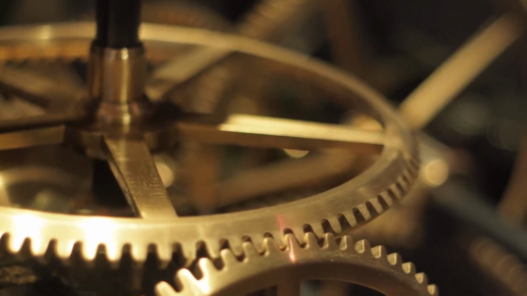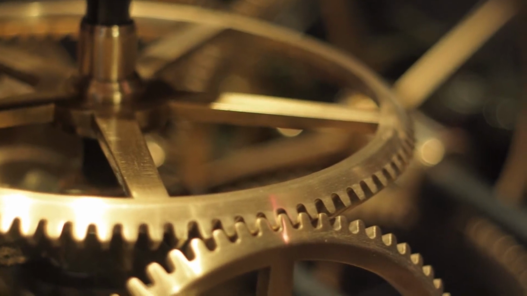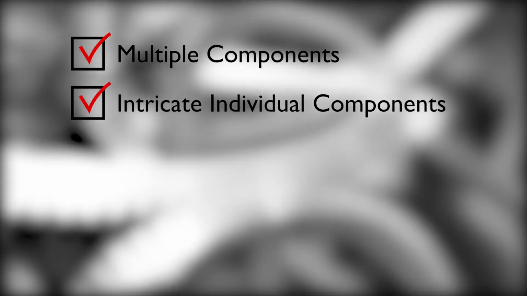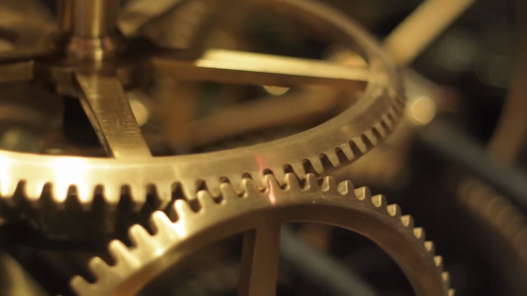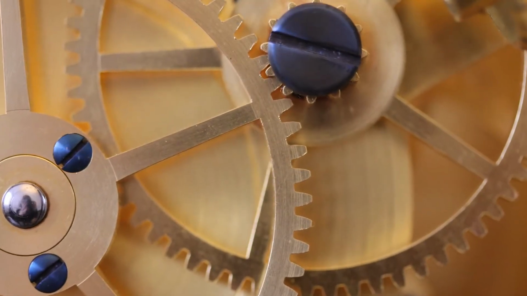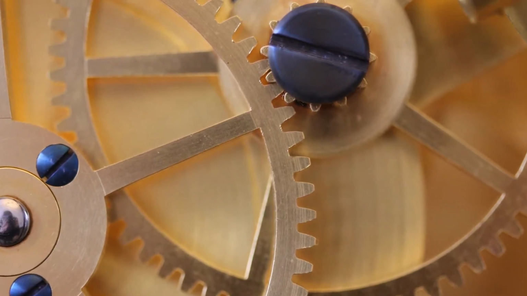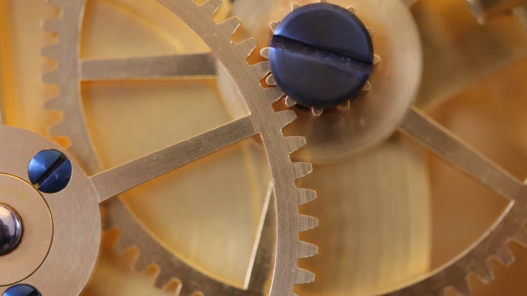But it gets even more complex, because as you then look inside of the working mechanisms of the clock, what you find are perfectly formed gears, each one an exact size and shape, each one fitted to a shaft in a perfect position, each gear interlocked with another gear, all of them designed to work together and turn exactly as a pendulum swings as they ratchet forward in order to maintain time.